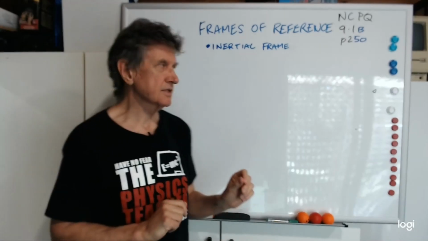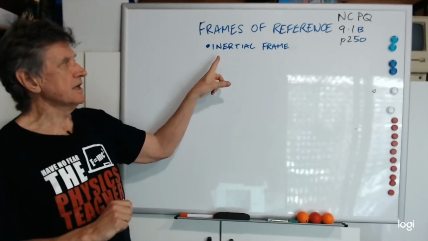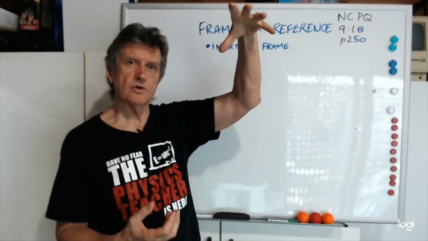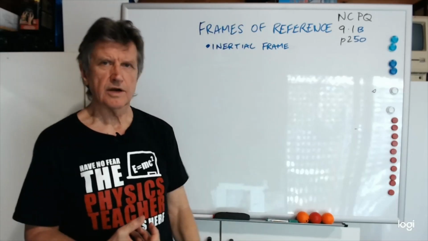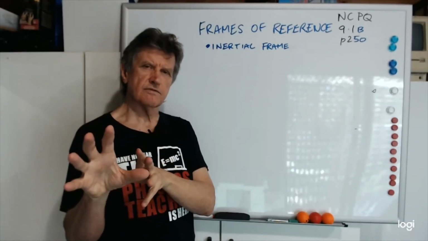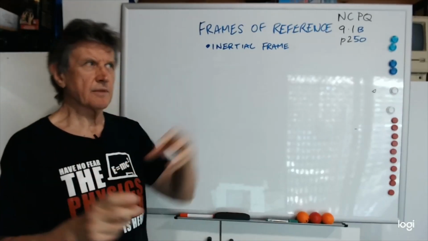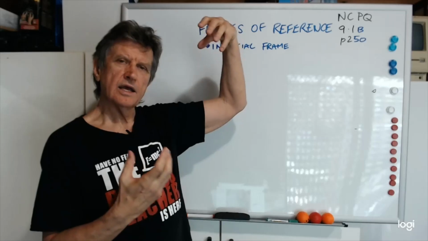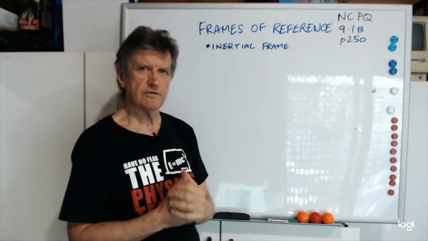They're pretty much the same. So basically inertial is not an accelerating frame of reference. So if you drop a ball and it accelerates towards Earth, you're in a constant velocity, you're in an inertial frame. Anyone travelling along with the ball would be in a non-inertial frame of reference.